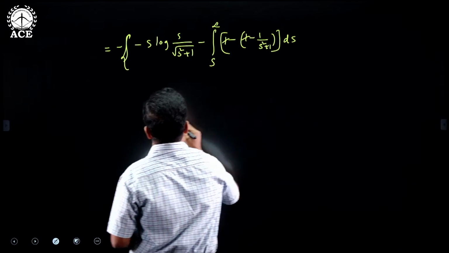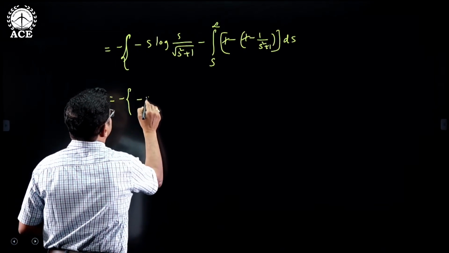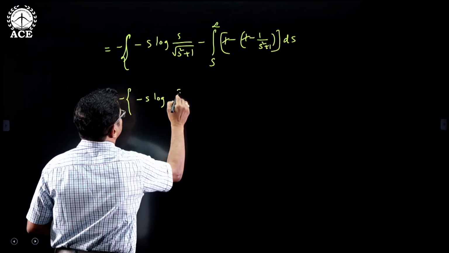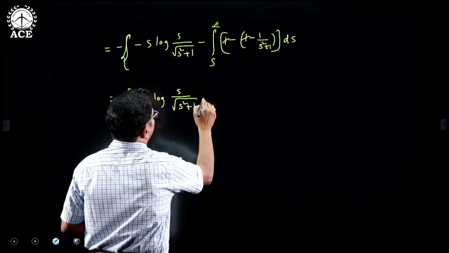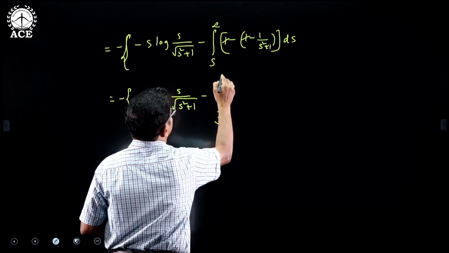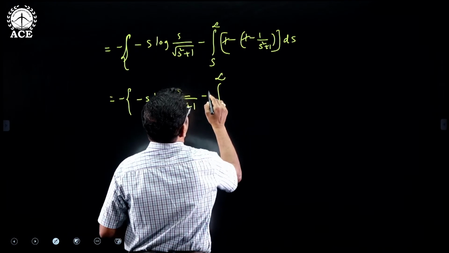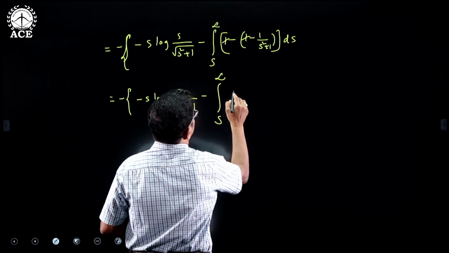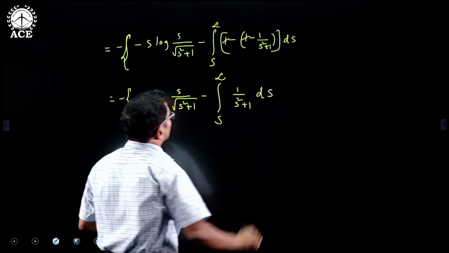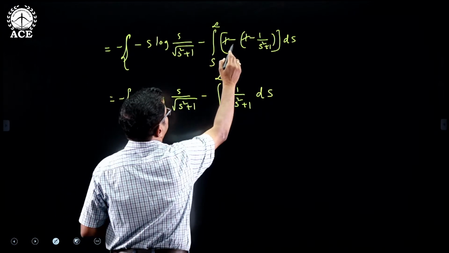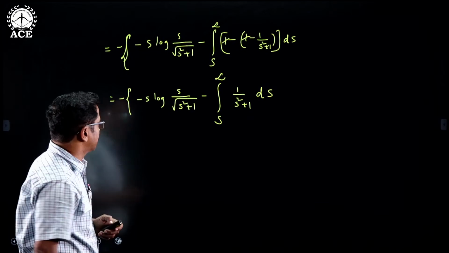So minus into minus is plus, which equals minus of minus s log of s by root of s square plus 1, minus integration s to infinite. Here minus into minus is plus, plus into minus is minus, s to infinite 1 by s square plus 1 ds.